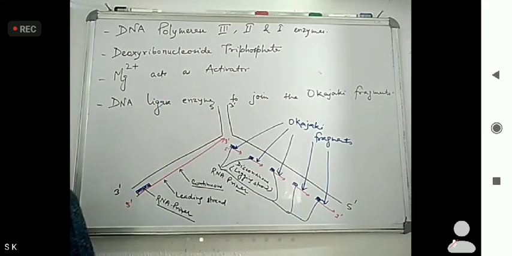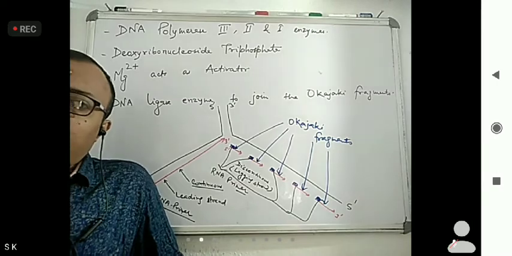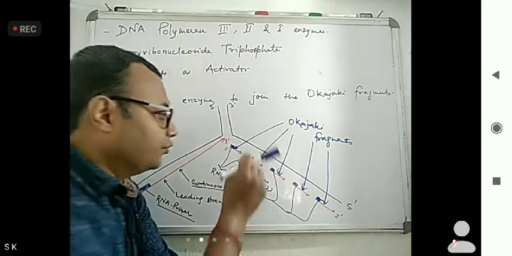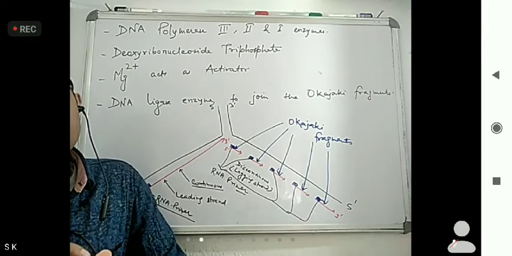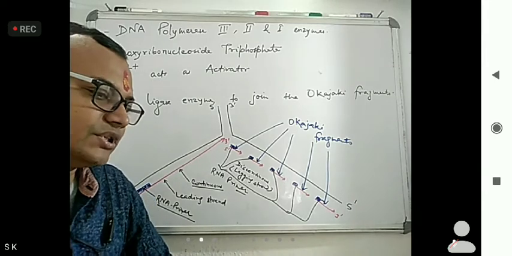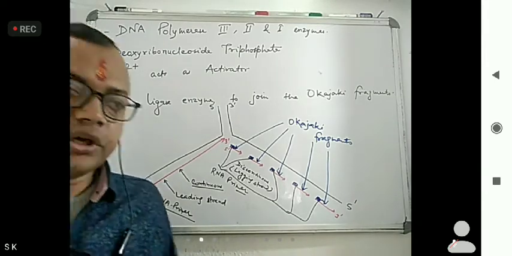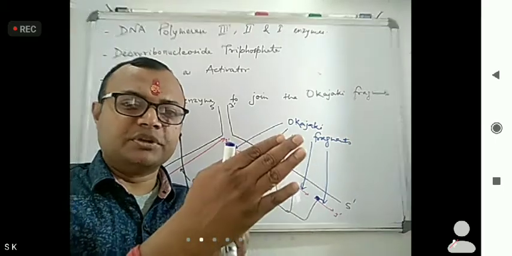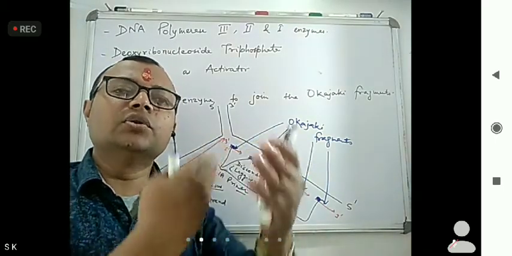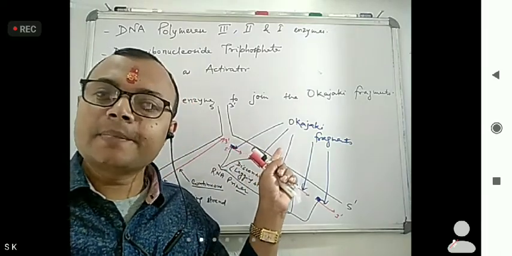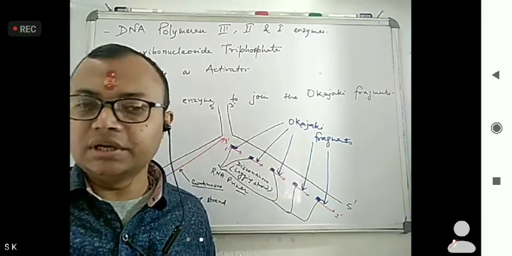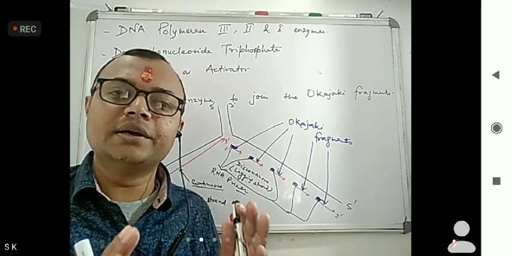Now, I told that when unwinding occurs, what happens? You have seen a rope: if you open the rope, it wants to wind again. Because we unwind, they need a single stranded binding protein.